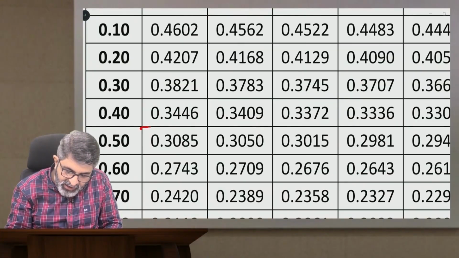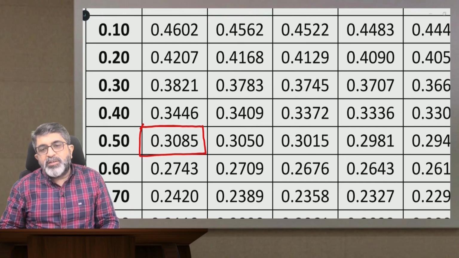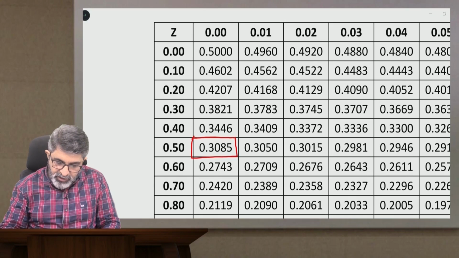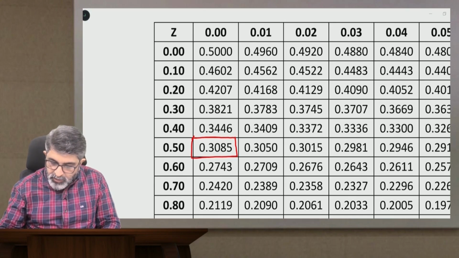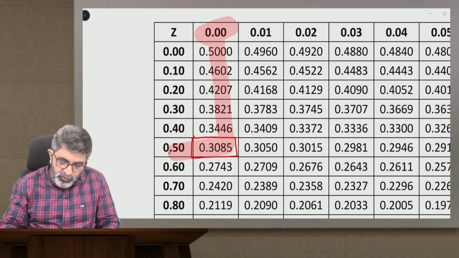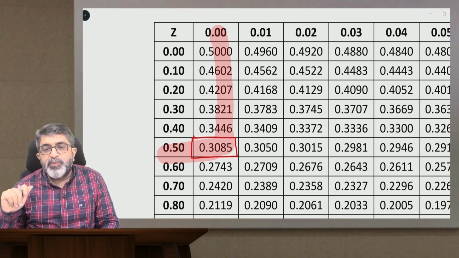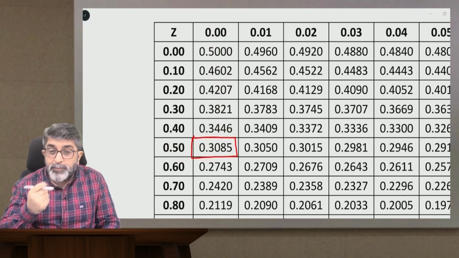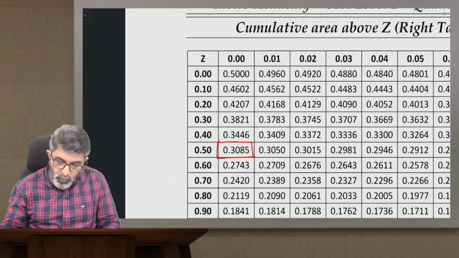It is directly giving you the probability 0.3085, correct? Look at the junction. It is 0.5 and 0.00. So this junction is giving you the probability directly as 0.3085 or 30.85%. So I am sure you understood that.